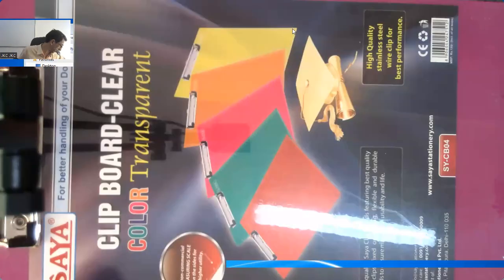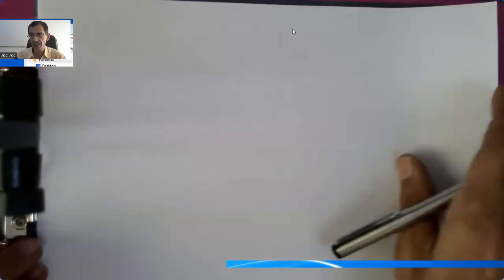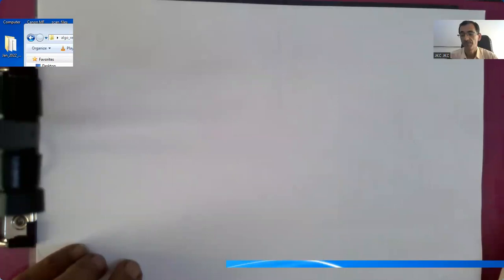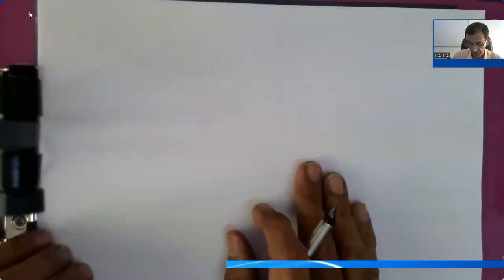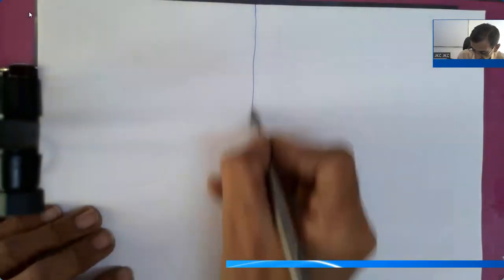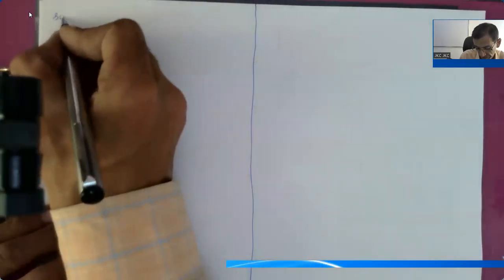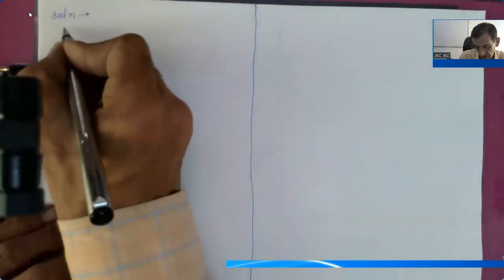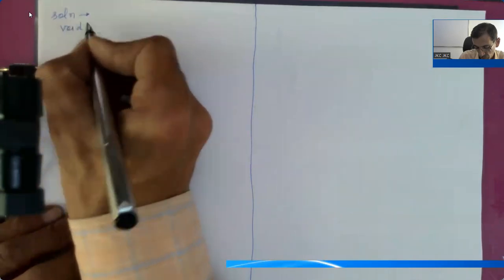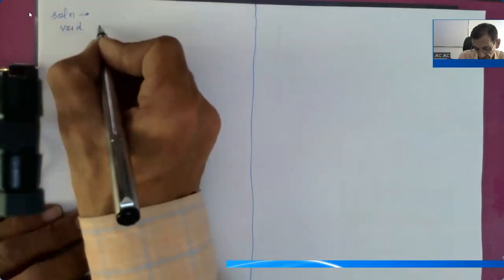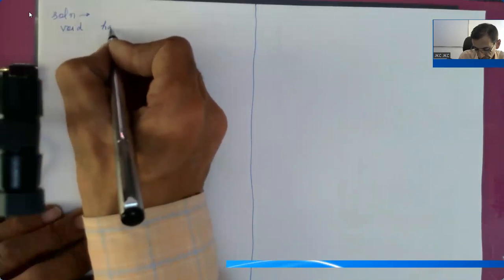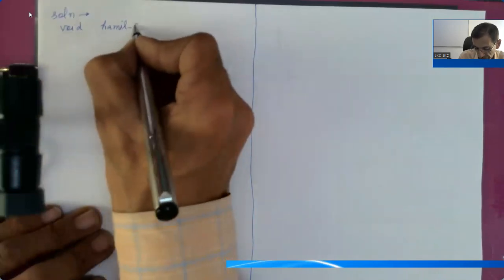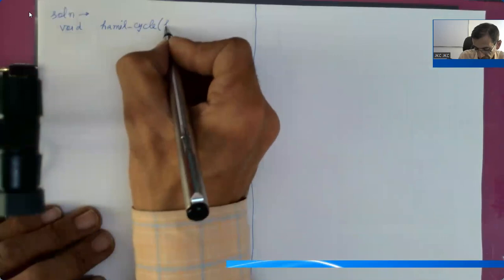So the solution can be again simple. I can proceed without much of a difficulty. And I say, if I want to solve this in this particular manner, I will do nothing special, but just start in the same way. I'll say void Hamiltonian cycle function to be implemented with k and n.